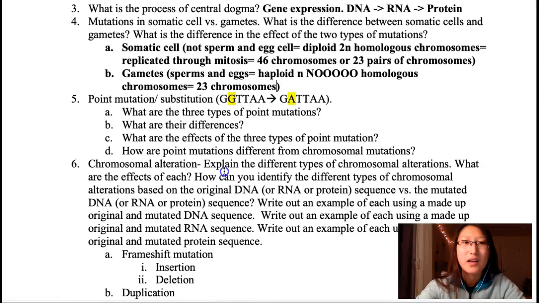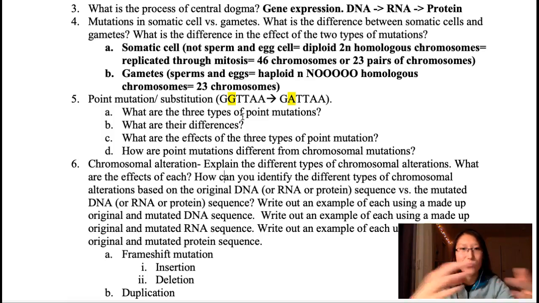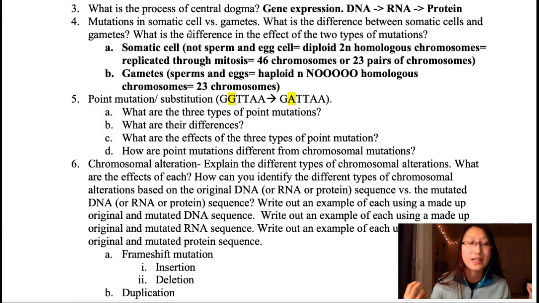All right, so since we're talking about mutation, and there's a difference between mutations in somatic cells and gametes, what are the differences? So if a mutation happens to your somatic cell, this mutation is not going to pass on to the offspring at all, right? That makes sense because it's a part of your body and you're only producing offspring using gametes.